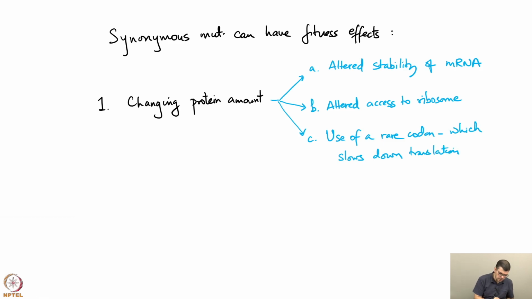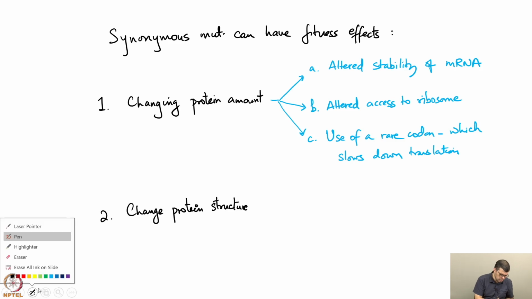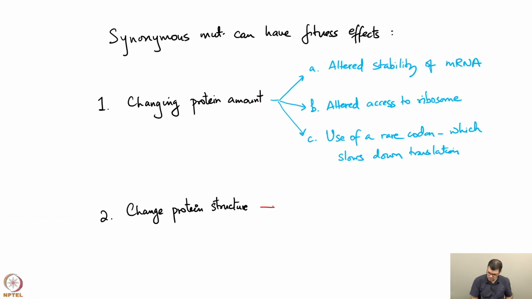Secondly, and somewhat surprisingly, synonymous mutations can also change protein structure. And this we saw was because of an altered co-translational folding kinetics.